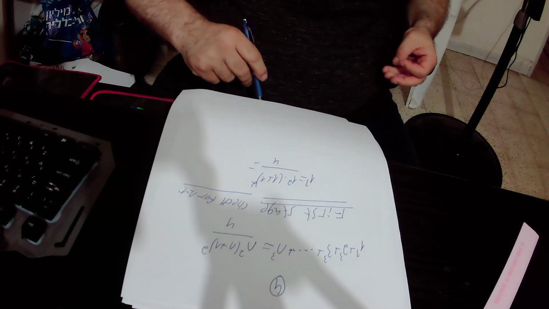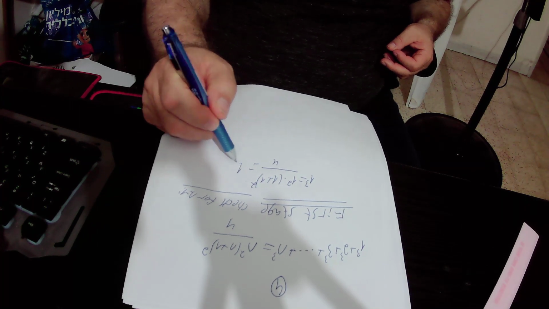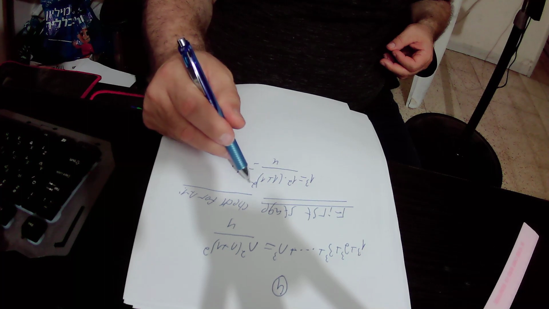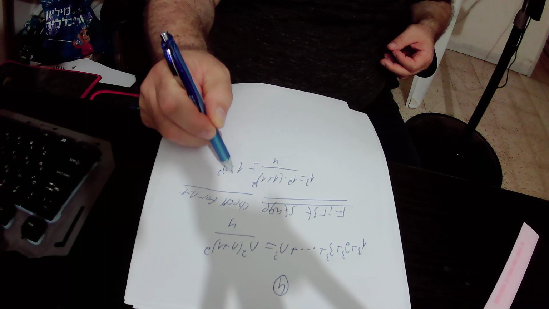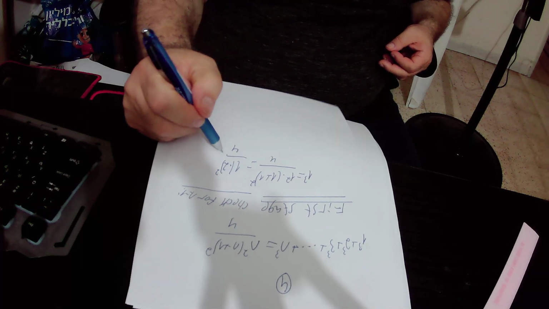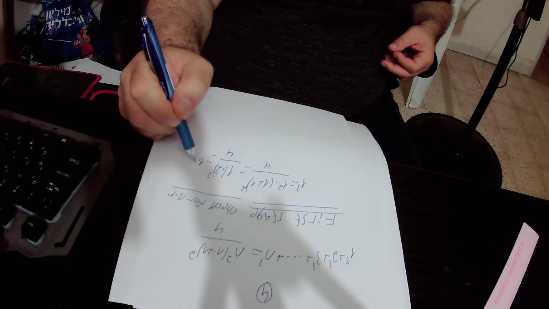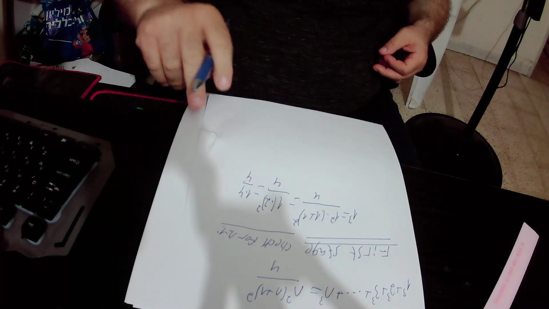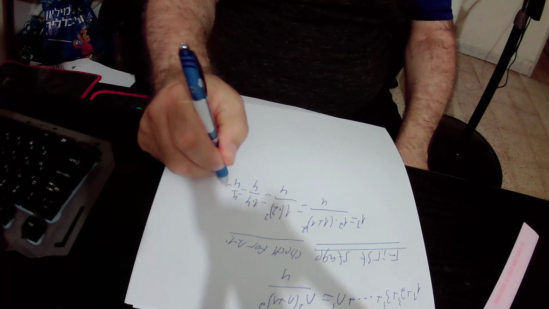So 1 squared equals 1, times 1 plus 1 is 2, and it is actually 2 squared, all divided by 4, equals 1 times 2 to the power of 2 is 4, divided by 4. 1 times 4 is 4. 4 divided by 4 is 1.